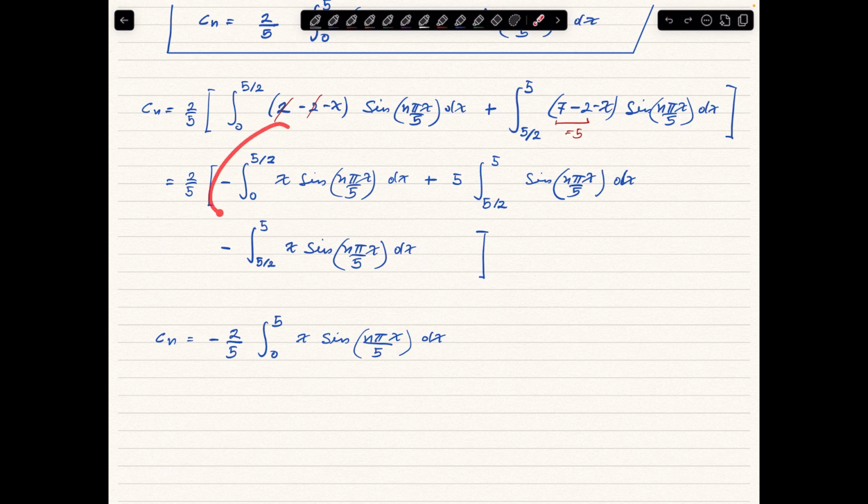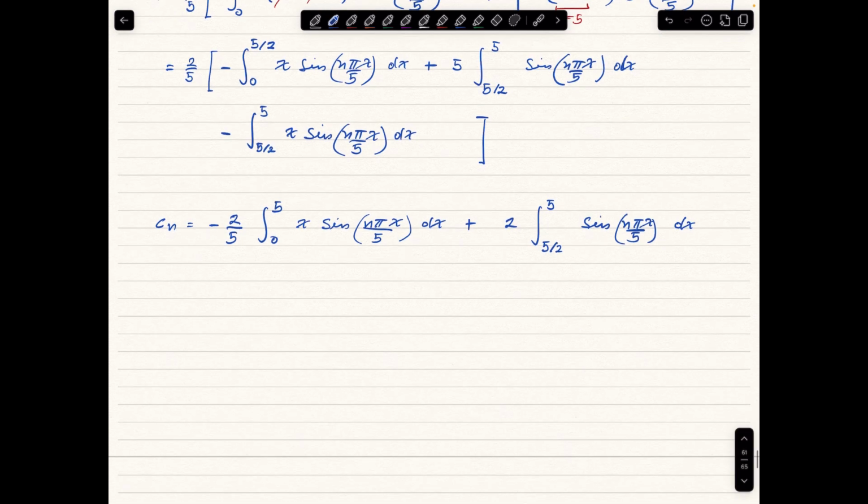I combined these two integrals, integral from 0 to 5, and then we still have that term, which recall is multiplied by the 2/5, so the 5s are going to cancel out, and I'm going to get only a 2 times the integral, and this integral is only from 5/2 to 5, of sine of n pi x over 5. So this integral simplified a little bit, so now we can actually do the integration.